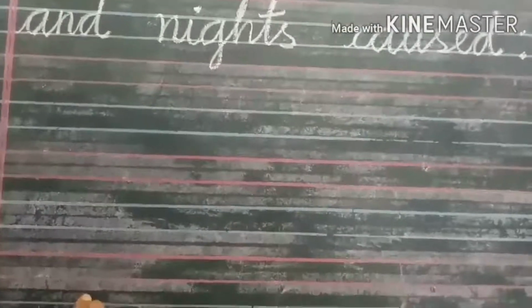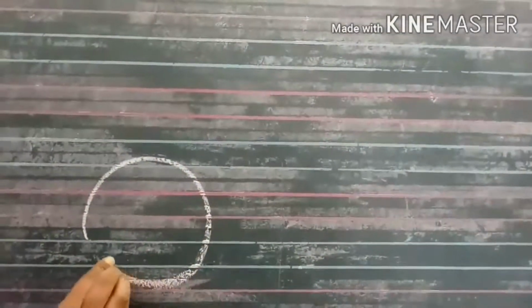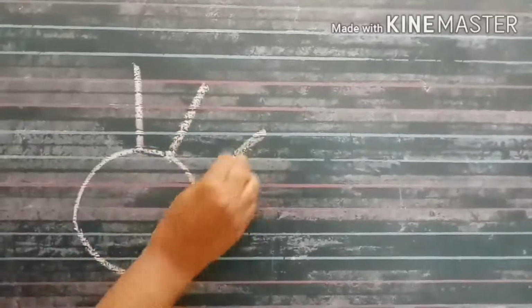Now let's revise the first pattern once again. Tick the correct option. First one is the movement of the earth on its axis is called rotation. Second one is the rotation of earth causes day and night. The third one is the sun rises in the east. Fourth one is earth moves around the sun.